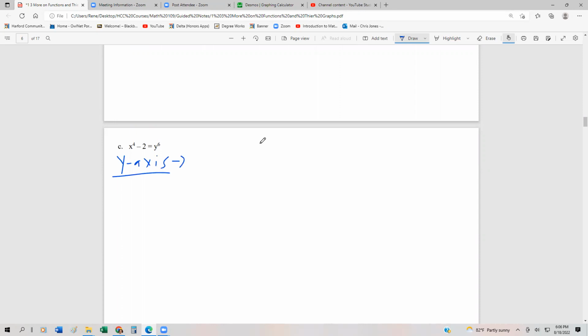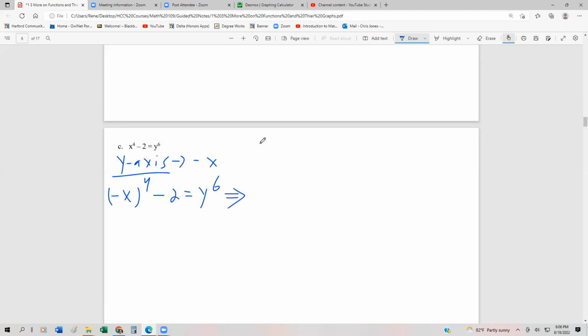Right, now one final example of this is x to the fourth minus 2 equals y to the sixth. Let's start by testing for symmetry about the y-axis as we have in the previous two examples. Remember, that's plugging in negative x, so we get negative x to the fourth minus 2 equals y to the sixth.